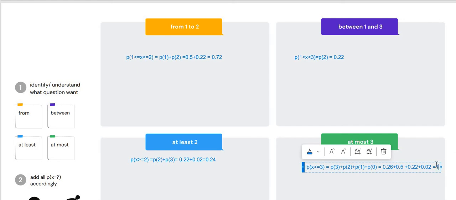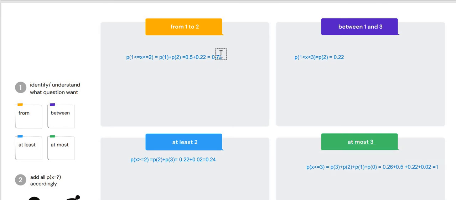You can see this is 1. You're supposed to get 1 because you add all the values here. Like I said, this is a property: the second property, when you add all the probabilities, you should get 1. Each answer you get here, 0.72, 0.22, 0.24, is between 0 and 1 only.